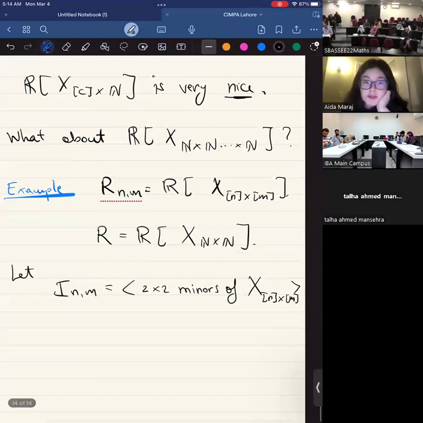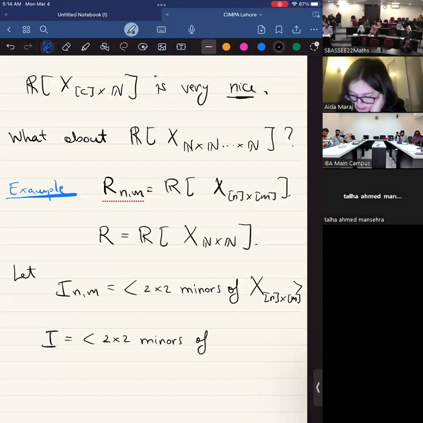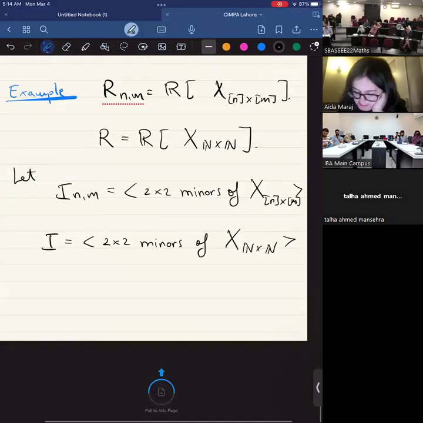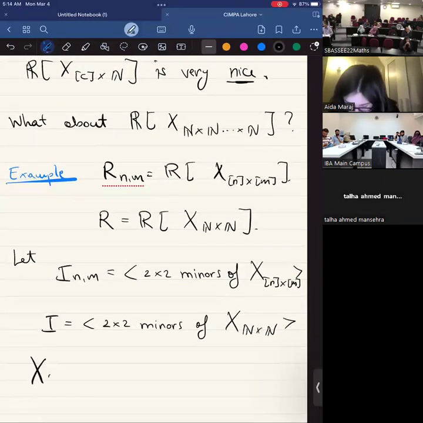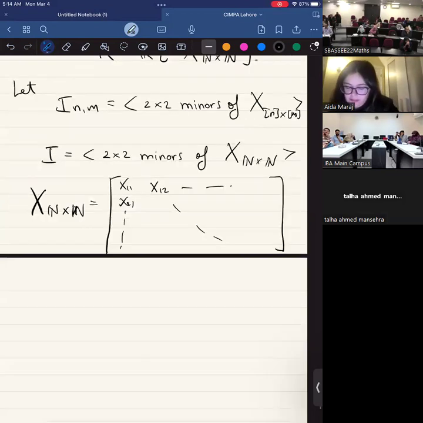Similar to before, and let I itself be the 2 by 2 minors of x_{n times n}. So now we have our matrix x_{n times n}, like x_{1,1}, x_{2,1}, and it continues this way, so both directions go to infinity.